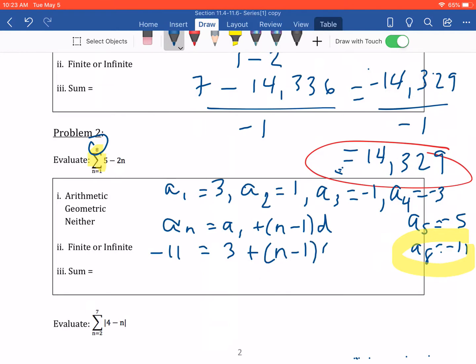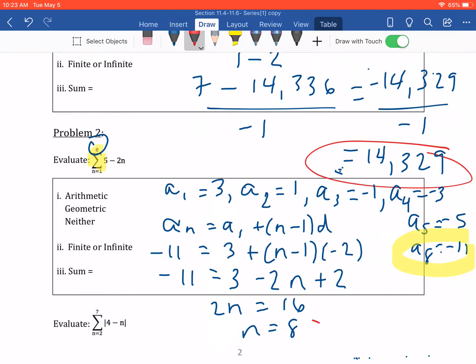Plus, we don't know our n, but we do know that we can see our d is a negative 2 after doing that a sub 1, a sub 2, a sub 3, and so on and so forth. So go ahead and simplify. And n equals 8.